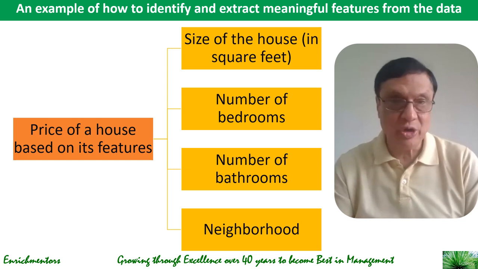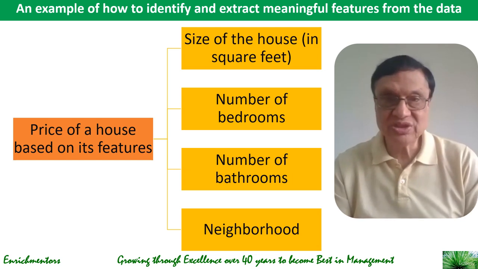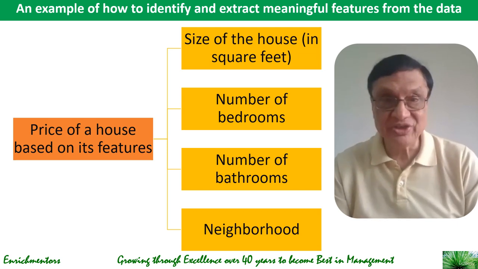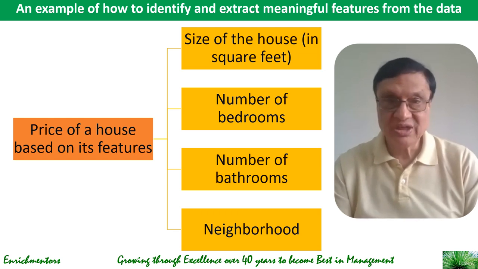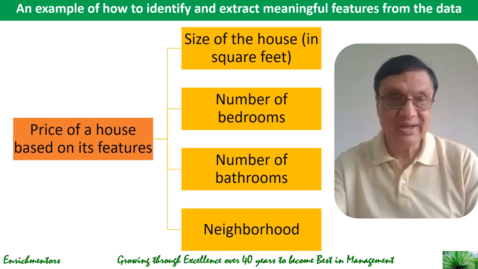So the output is the price of the house, and the features are the size, bedrooms, bathrooms, and neighborhood. You have all these five sets of data in a data set that is available to you.